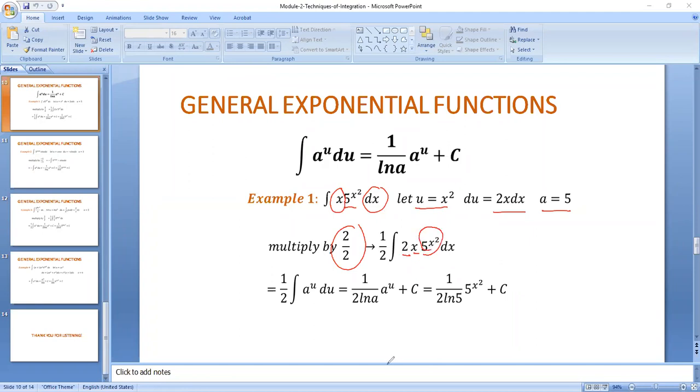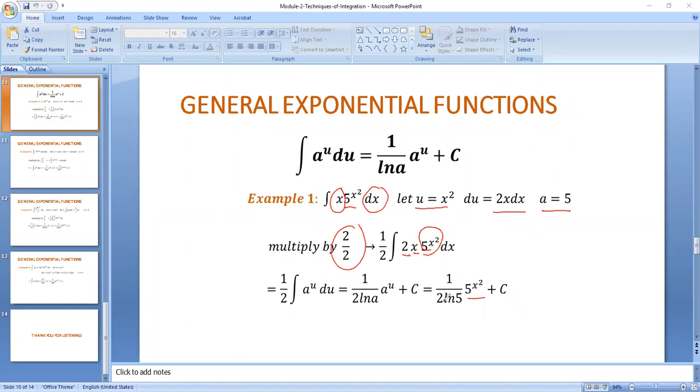So your integral will be a^u, 5 raised to x squared, all over ln of a, where a is 5. The 2 here in the denominator together with the ln of 5 is the 1/2 that you have written before the integral. It's not needed in the process of integration because we only need the 2. So we are still left with 1/2 from our 2 over 2 to account for.